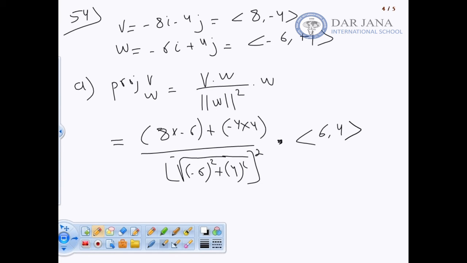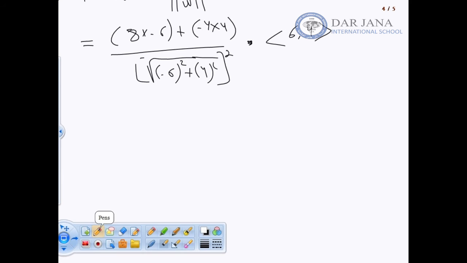Calculation: negative 8 times negative 6 is 48, 48 minus 16, 32. Over radical negative 6 squared plus 4 squared, 2 radical 13, squared, it will be 52, times W.